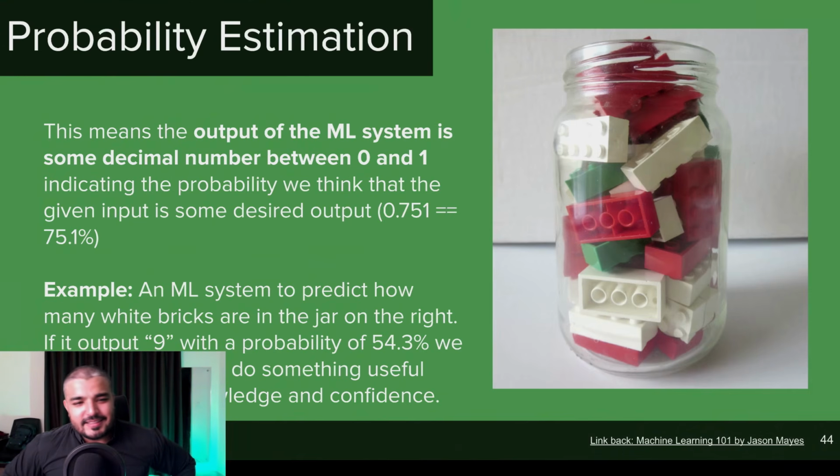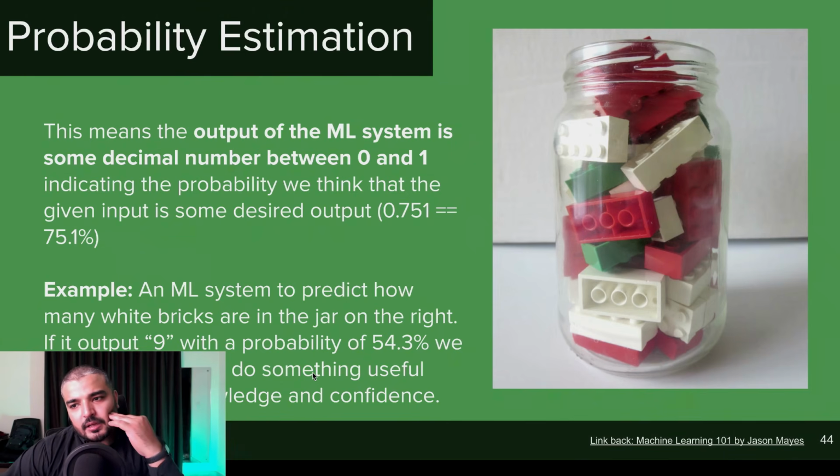It's kind of easy when you think of it in terms of the application and not in terms of formulas. So for example, in this case, we have an ML system that is used to predict how many white bricks are in the jar on the right. If it outputs 9 with the probability of 54.3, then we can choose to do something useful.